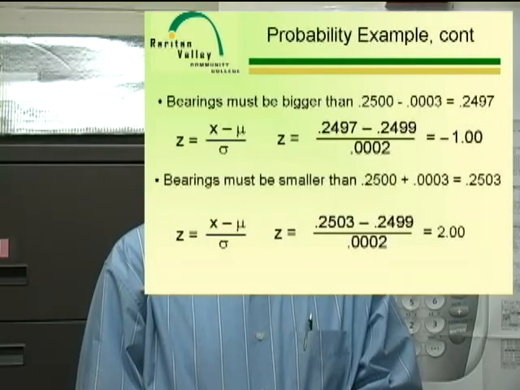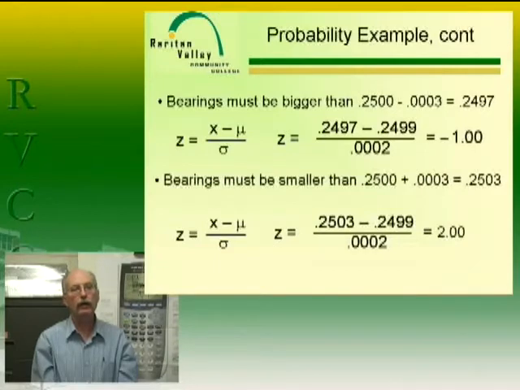And we also know our ball bearings must be smaller than 0.2503. So we calculate the z-score for that number also. Our observed value is 0.2503. We subtract the mean of our process, which is 0.2499, and divide by the standard deviation, which is 0.0002. And that is a z-score of 2.